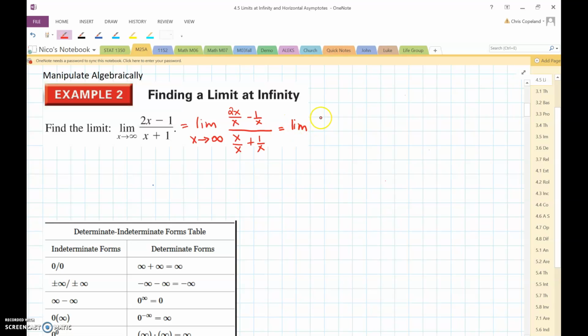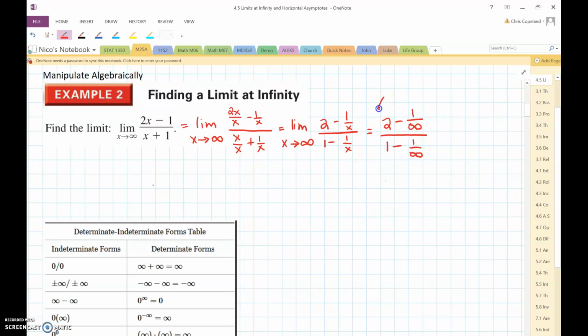So I'll have the limit of 2 minus 1 over x all over 1 minus 1 over x as x goes to infinity. Now, if I do direct substitution, I'm going to get 2 minus 1 over infinity all over 1 minus 1 over infinity.